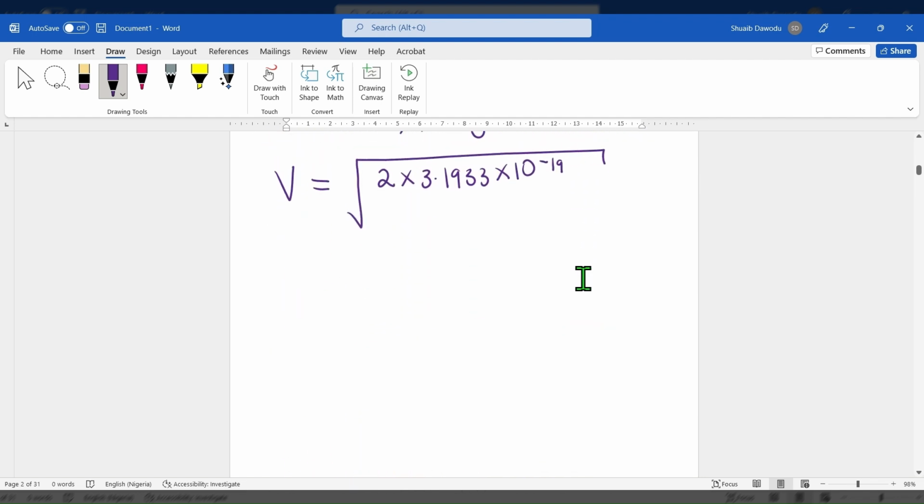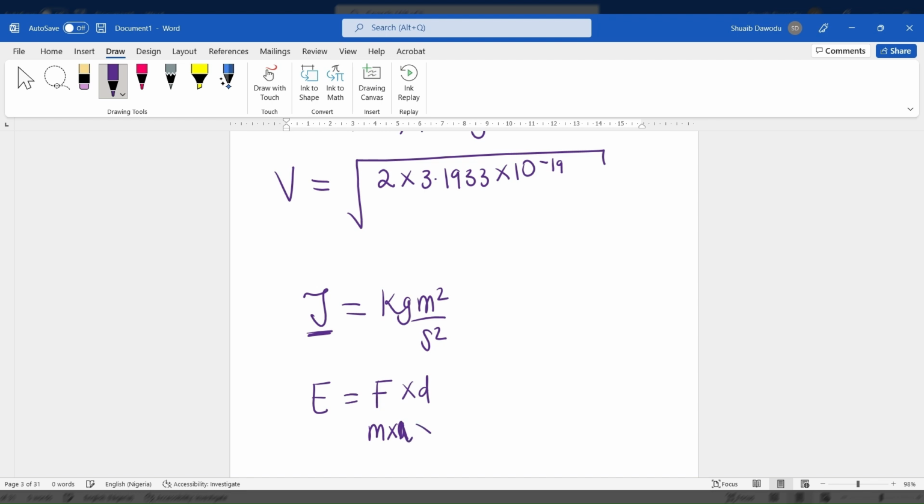Now, I want to quickly mention something so everyone's on the same page. Joules is the same thing as kilogram meters squared per second squared, because joule is basically the unit for energy. And energy is simply equal to force times distance. Force is just simply mass times acceleration, times distance.